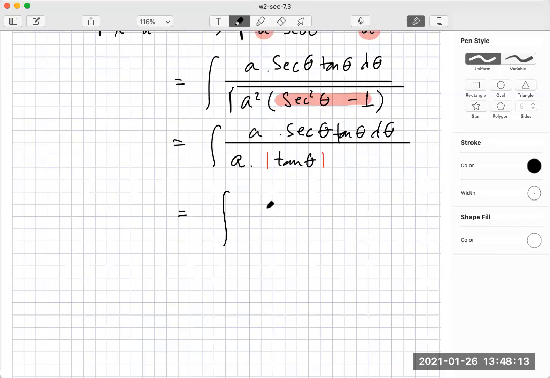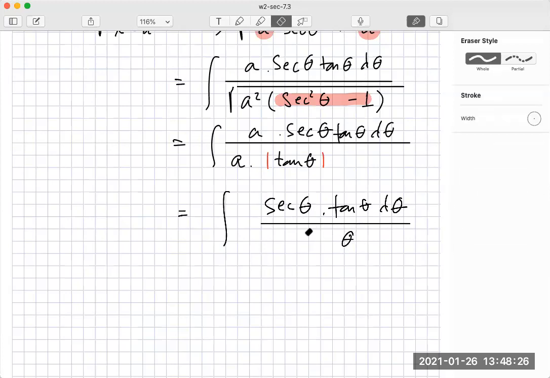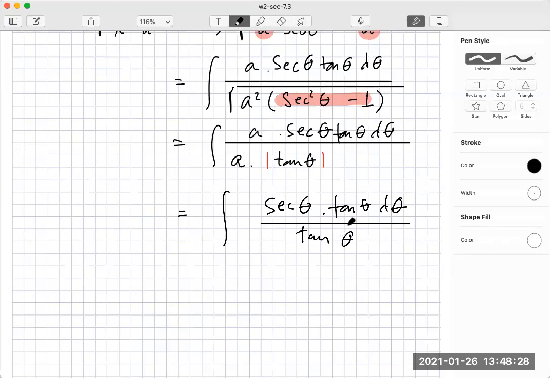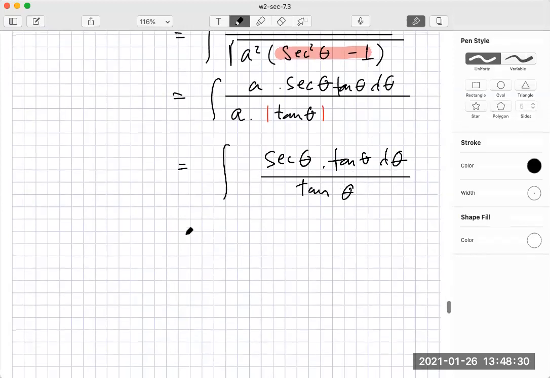Here it will be secant theta tan theta d theta divided by tan theta, okay? And tan will be cancelled, right? It will be the integral of secant theta d theta. Do you agree?